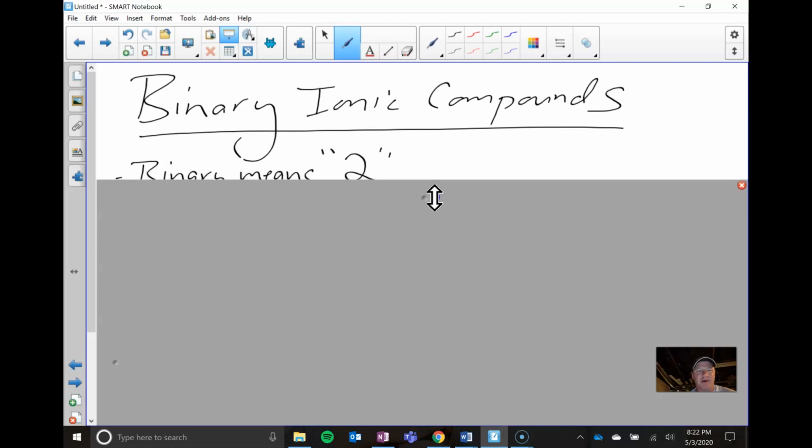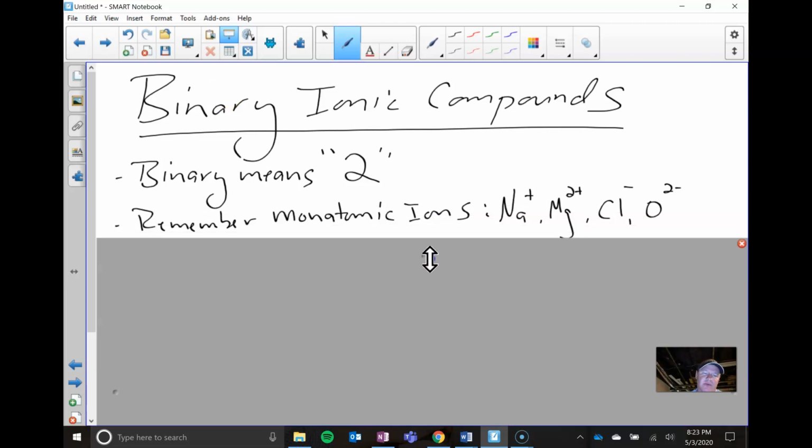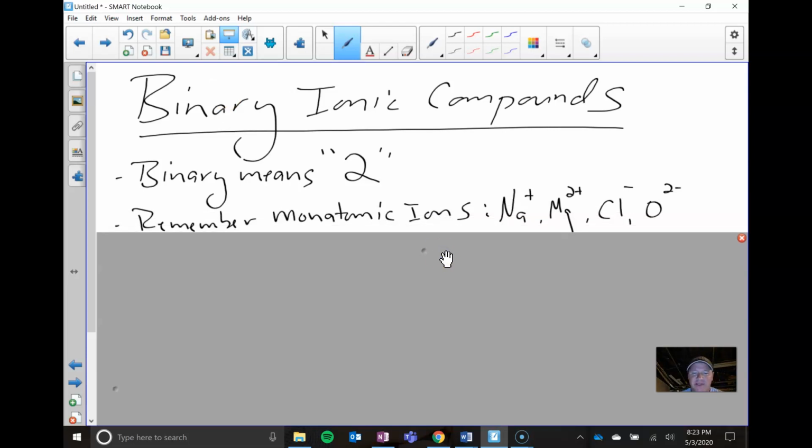You may have heard the term binary before. Anytime you see the word binary, it literally means two. There's two of something. With binary ionic compounds, we are going to build off of those monatomic ions that we talked about last week. Some examples: sodium has a positive 1 charge, magnesium positive 2, chlorine negative 1, oxygen negative 2. When atoms lose electrons, they become positive, like these first two.